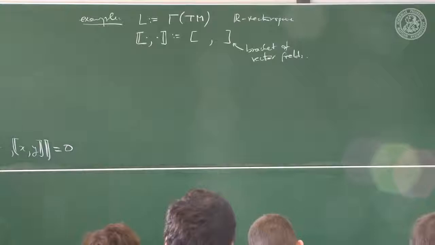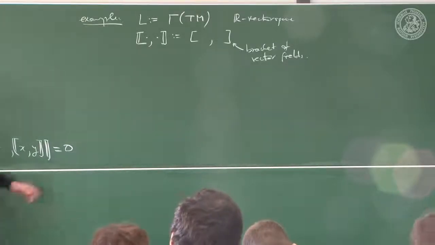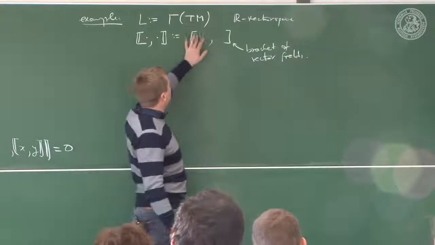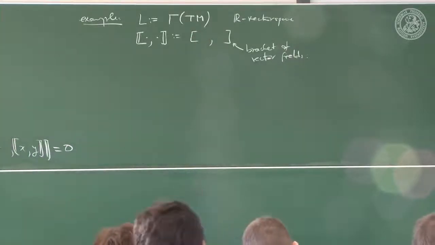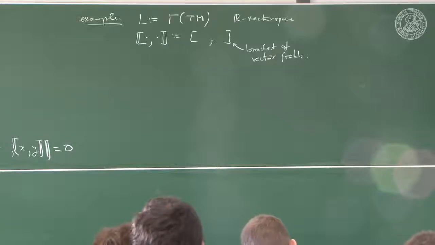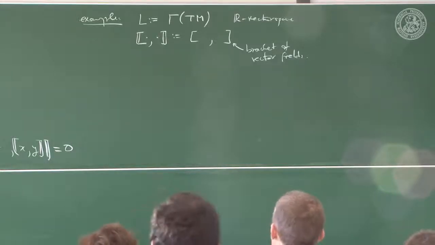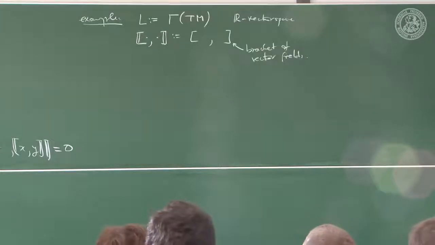Now, is the bracket of vector fields bilinear? You say, no, it isn't, because what happens if I have an f x that is not linear? Well, it's bilinear in the vector space sense. So if I say here it's bilinear, then that refers to the vector space structure. So we're not talking about C infinity linearity, we're talking about K linearity, right?